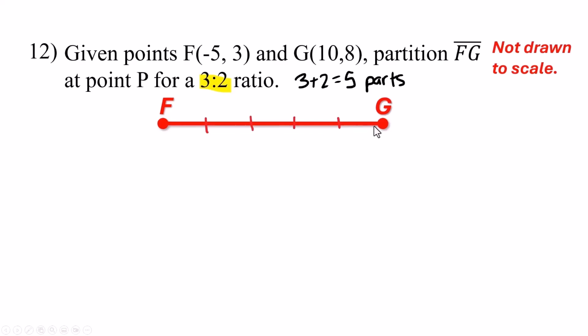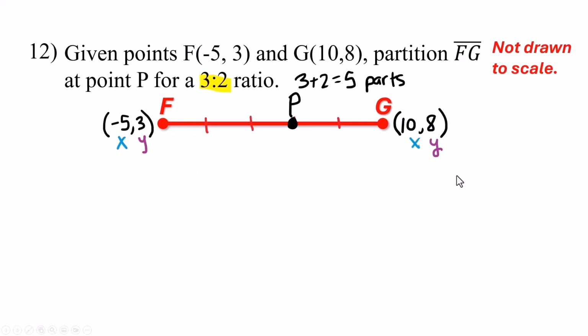Now the P, the point we're looking for, is where you have 1, 2, 3, and then 1, 2, a 3 to 2 ratio, 3 parts to 2 parts. We need to find this point, the coordinates of it. This is what it looks like on a scratch diagram. So let's do the math and find it. All right, so F is our starting point and G is where we're supposed to land.